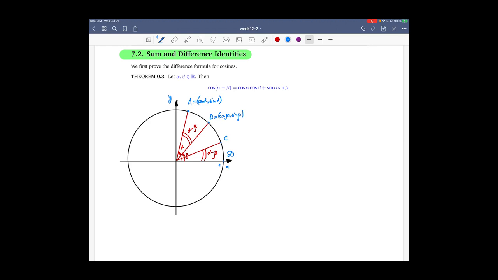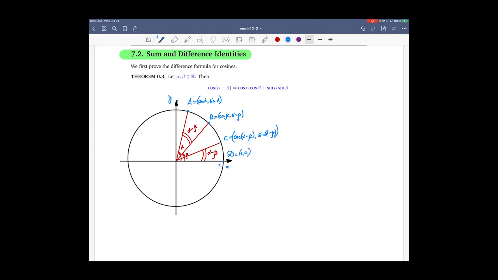The coordinates of C are cosine of alpha minus beta, sine of alpha minus beta. That is because point C corresponds to angle alpha minus beta. And of course, D has coordinates 1, 0.